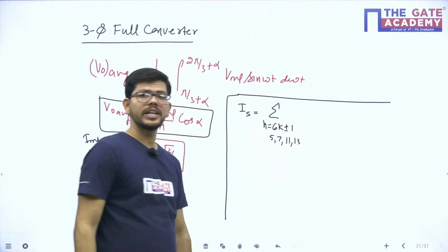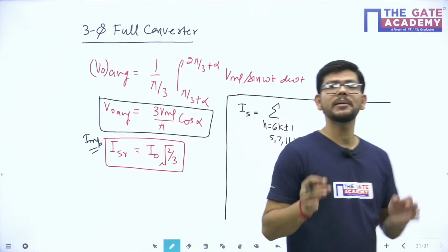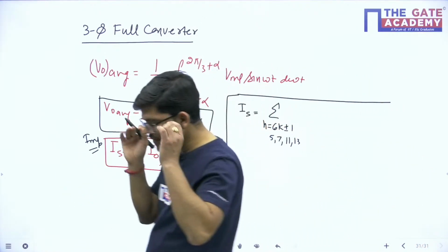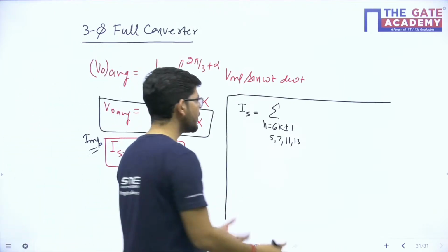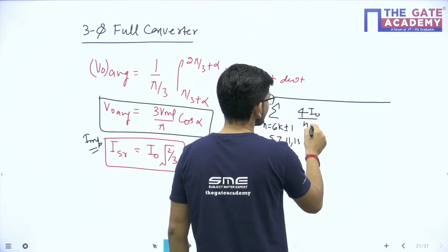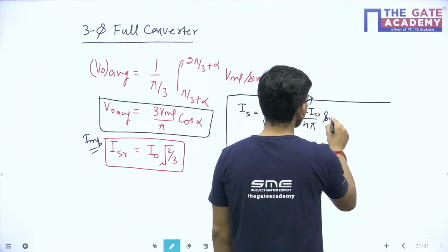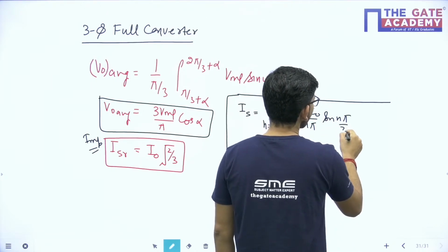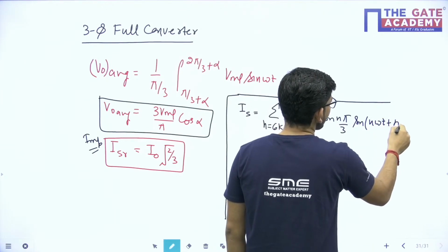In case of a three-phase converter, even harmonics and triple N harmonics are absent. Very important thing; questions are asked from this as well. First, let me write this expression. It will be 4 I naught upon n pi, with an extra sin n pi by 3 added, sin n omega t plus n alpha.